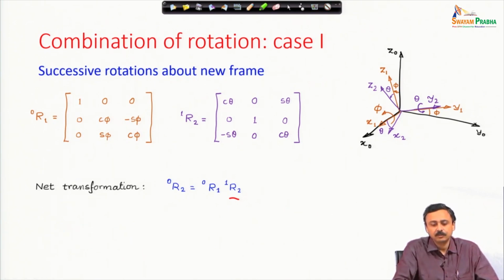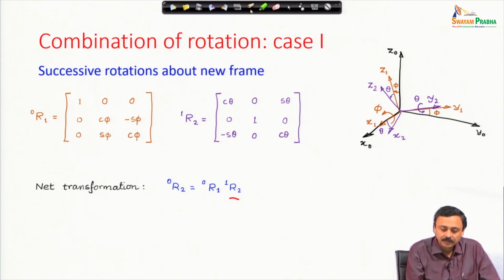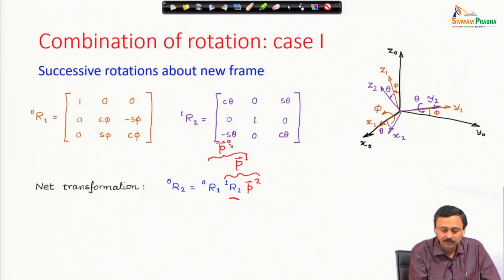So, that is the net transformation. If you just take a product in this particular order, then when I multiply a vector in frame 2, first after this multiplication I will get the same vector p in frame 1. Further multiplication I will get p in frame 0.